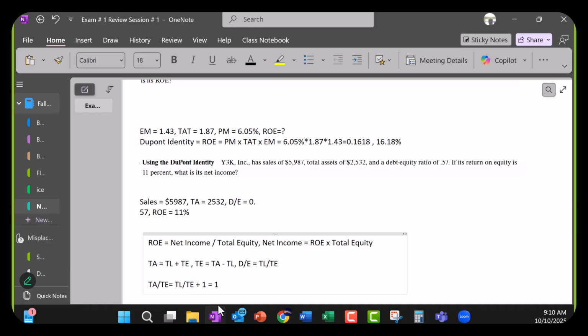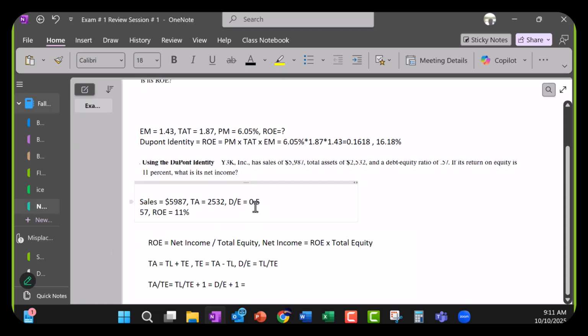Well, total liability divided by total equity is debt equity ratio, right? So in this case, this is supposed to be 0.57. So that would be 1.57, right?